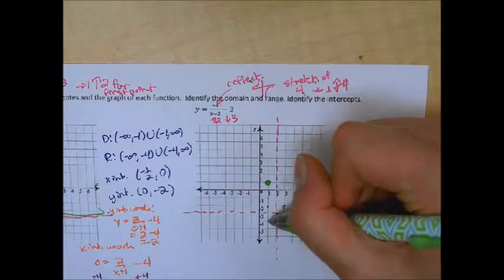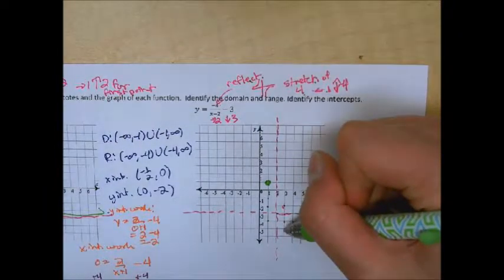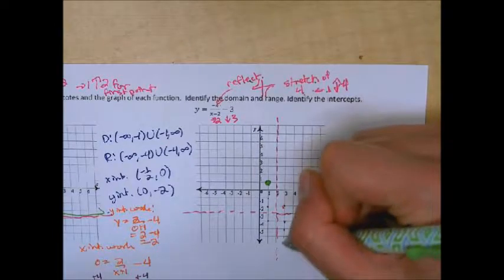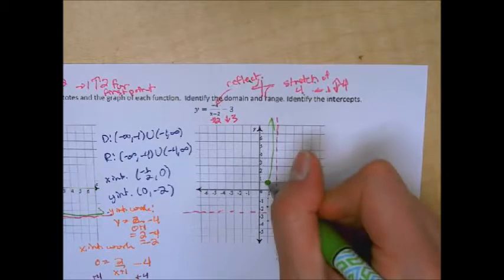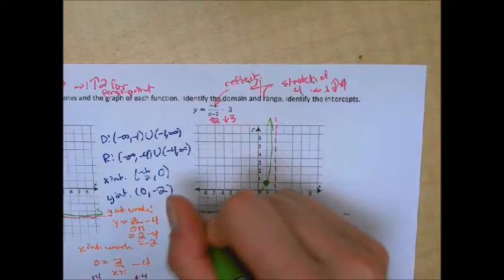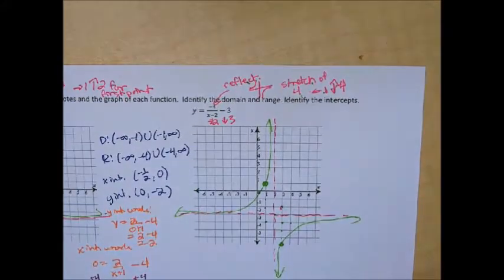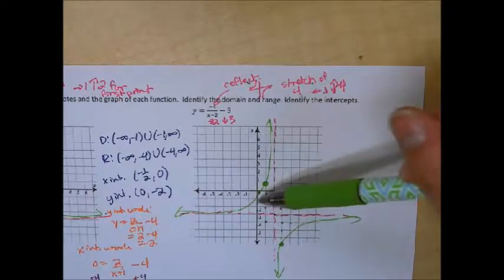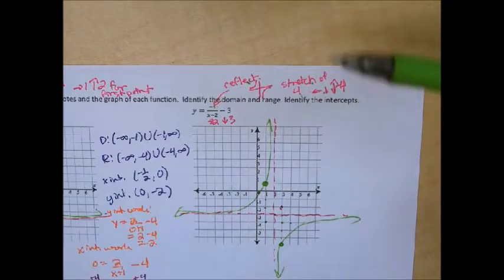Same thing. Typically, we would be down here. But we're reflecting. And then we're down 4. We're right there. And so we're hugging the asymptotes. Looks like we do have an x-intercept and a y-intercept. We will have to find those.